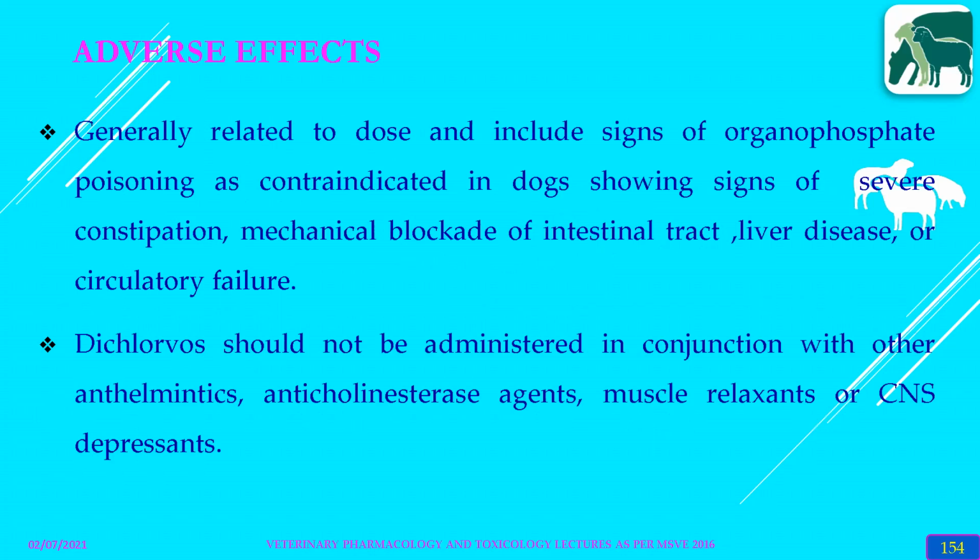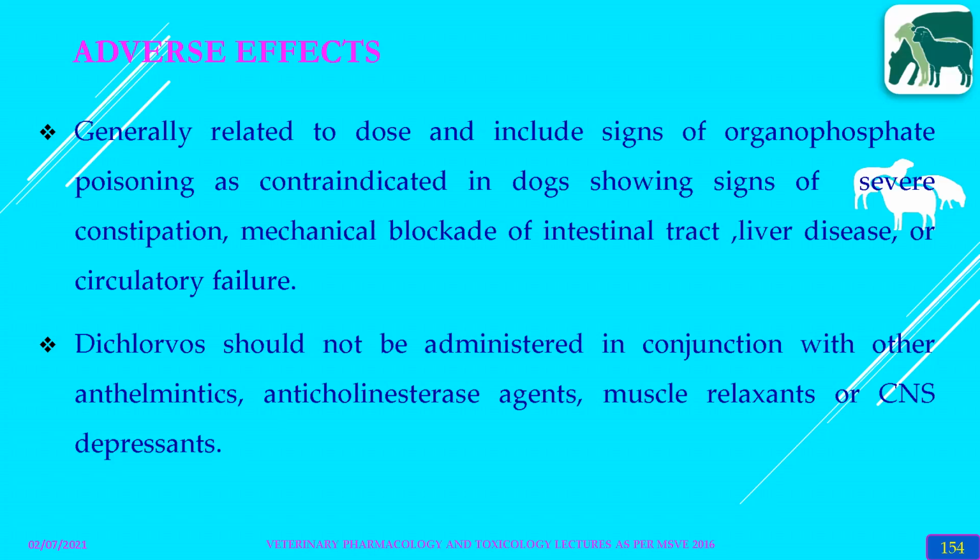Adverse effects, we know the parasympathomimetic effects, especially in case of OPC compounds. Sometimes in dogs, constipation is seen, followed by severe diarrhea and mechanical blockade of the intestinal tract. Dichlorvos should not be administered in conjunction with other anthelmintics because it may cause additive toxicity.